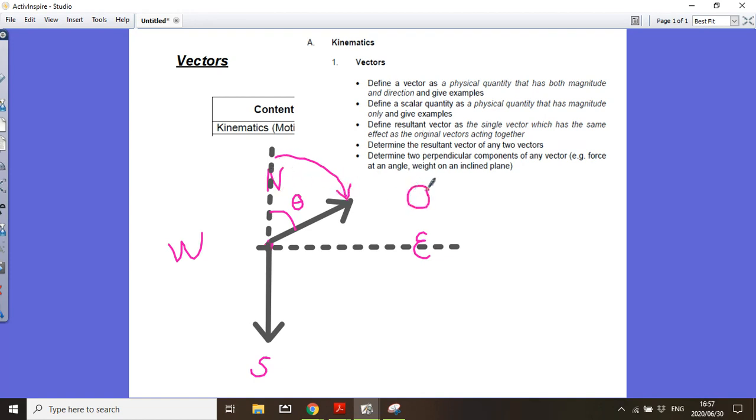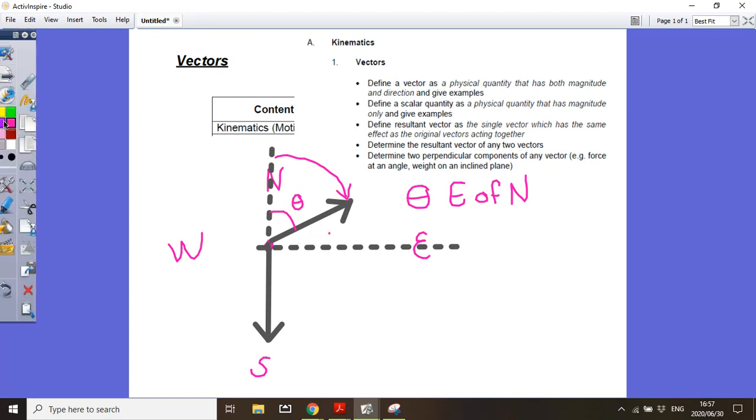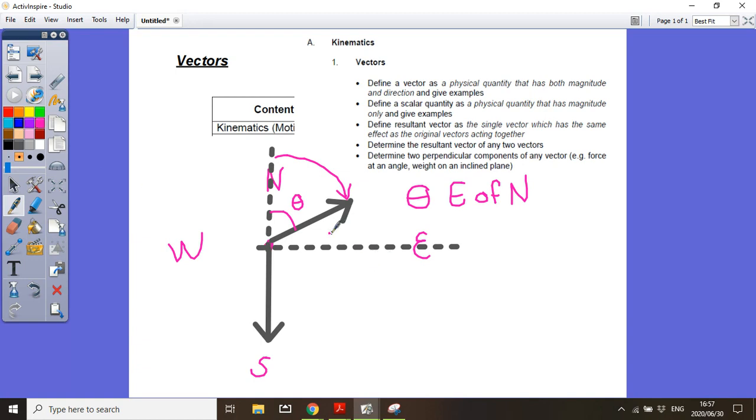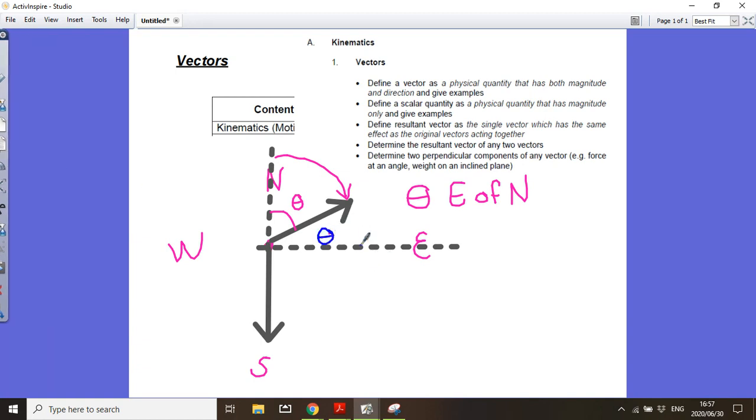So it's going to be theta degrees east of north. Okay, so just quickly revising. I'm not going to do examples really of this. If this is my theta here, you're going to measure from the east, and I'm moving towards the north. So that will be theta degrees north of east.